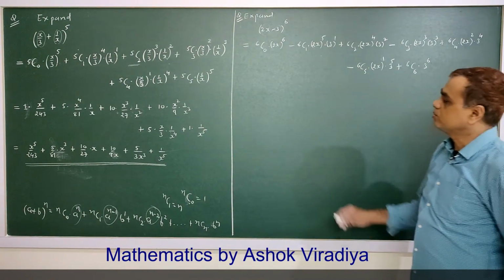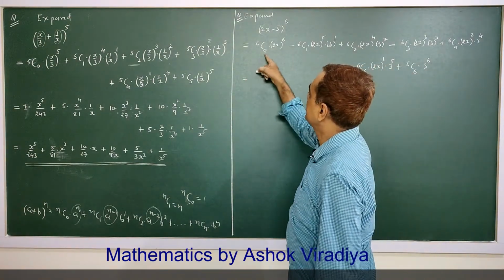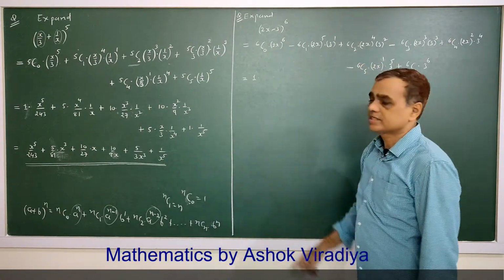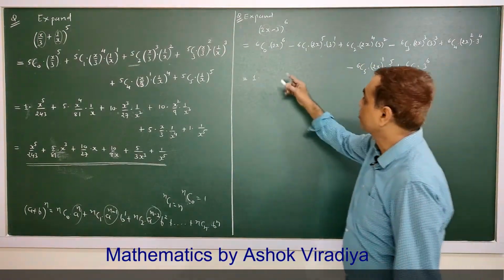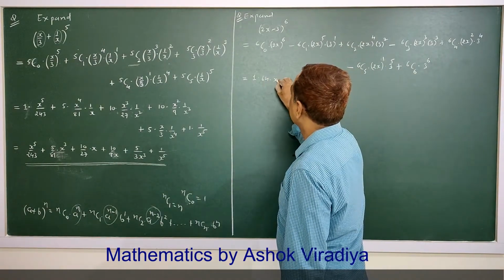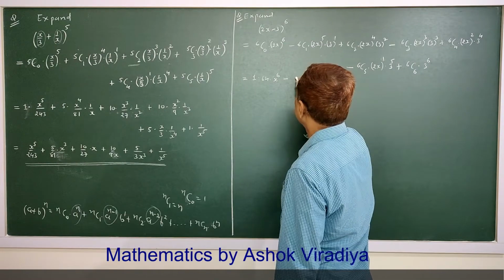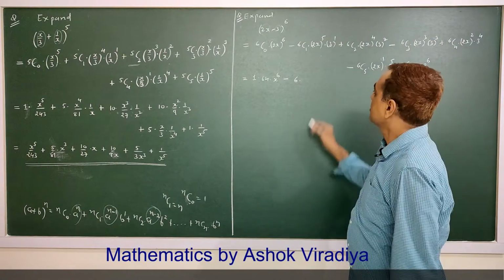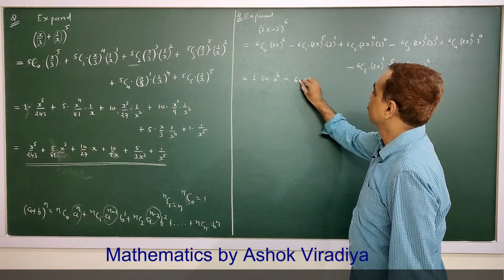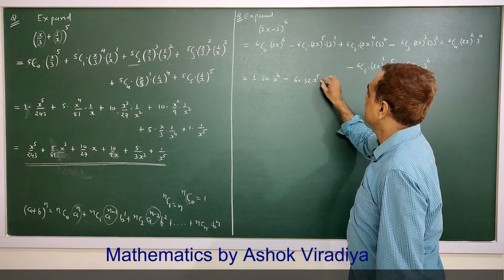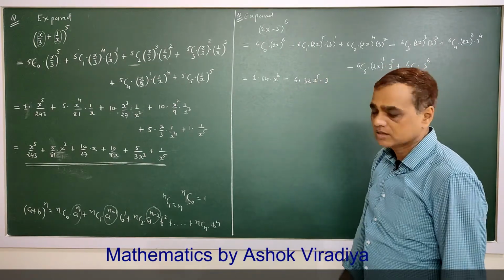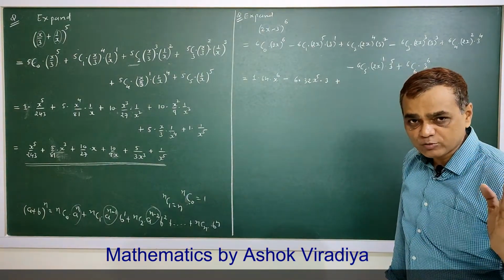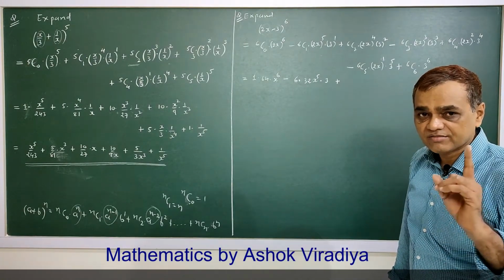So this is equal to, now 6c0, nc0 is always 1, 2 raised to 6, 64, into x raised to 6, minus 6c1 is 6, 2 raised to 5, 32 into x raised to 5 into 3, plus 6c2, 6 into 5 upon 2 into 1, 15.